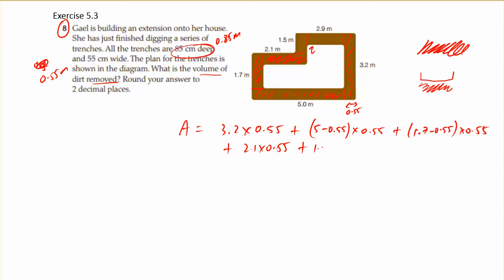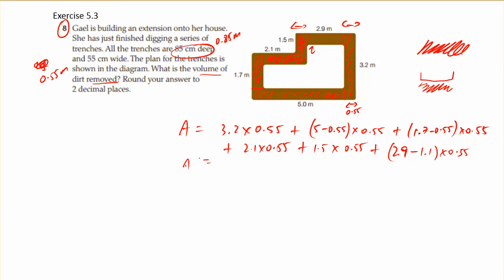So plus 1.5 times 0.55. So we're done here. And then last but not least, we've got 2.9. It's not quite 2.9 because we've already used up this part and that part. So it's minus 1.1, which is double 0.55, times 0.55. So that should give me the area.